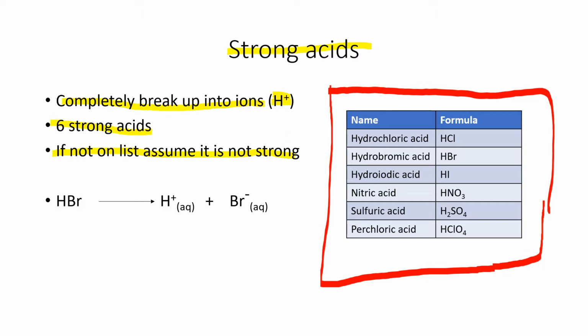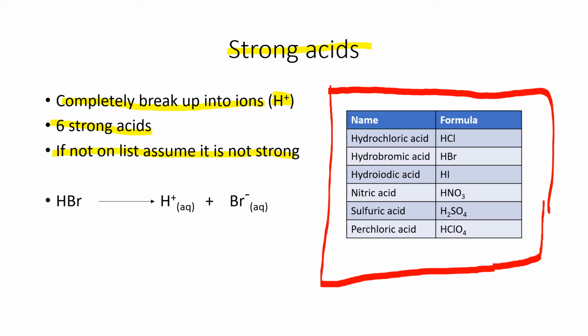So if you know the 6 strong ones, then you know any acid that's not on this list is not going to be strong. It's going to be one of the weak acids. So the best way to deal with these is to flashcard them. On one side of your flashcard, you want to put the name, the other side the formula, and you want to have these 6 strong acids memorized.